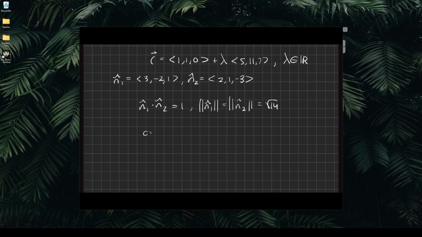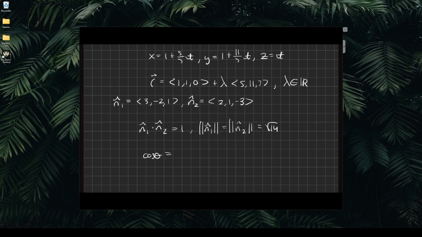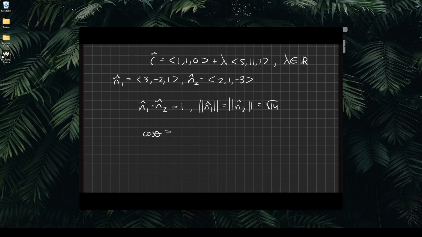So this means that cosine theta is, again, we're using the norm of the dot product, so this would just be absolute value of 1 over square root of 14. And of course theta would be, again, the inverse or the arc cosine of whatever this is, 1 over 14. Okay.